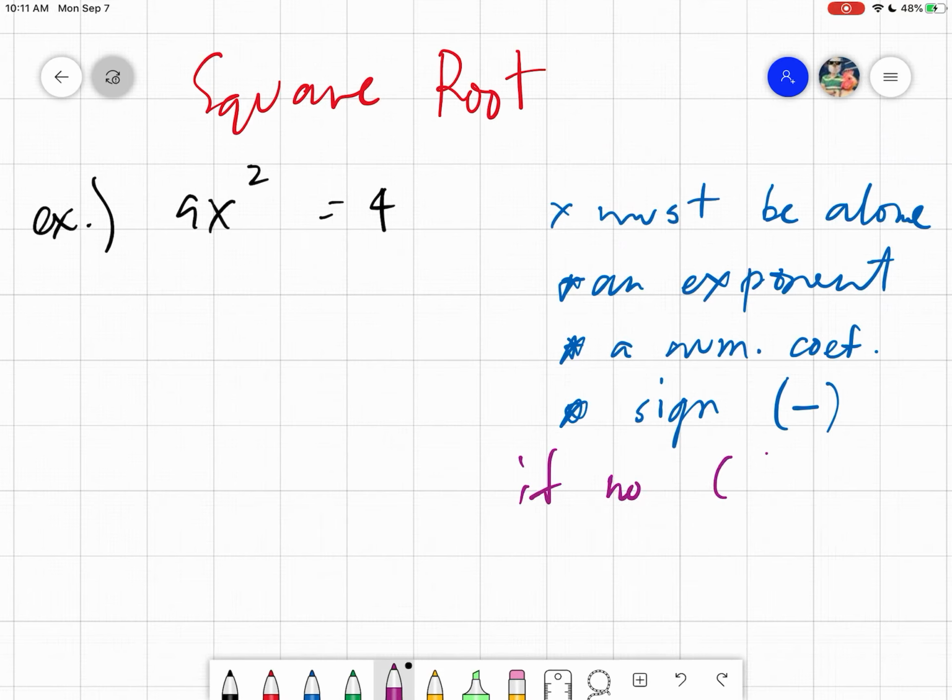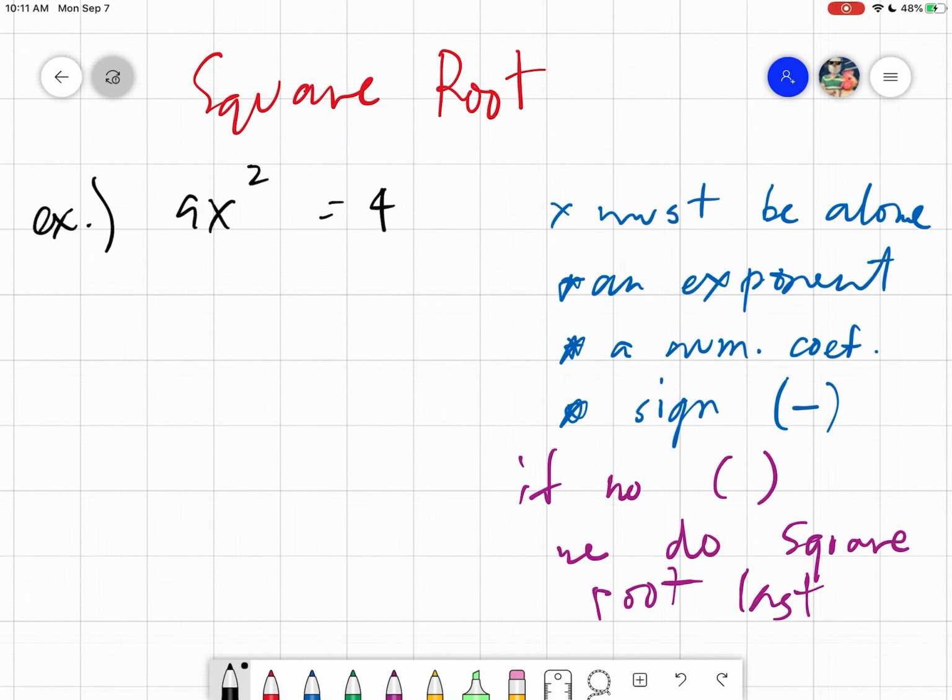In this case, there are no parentheses, therefore we do the square root last. We transfer 9 first.